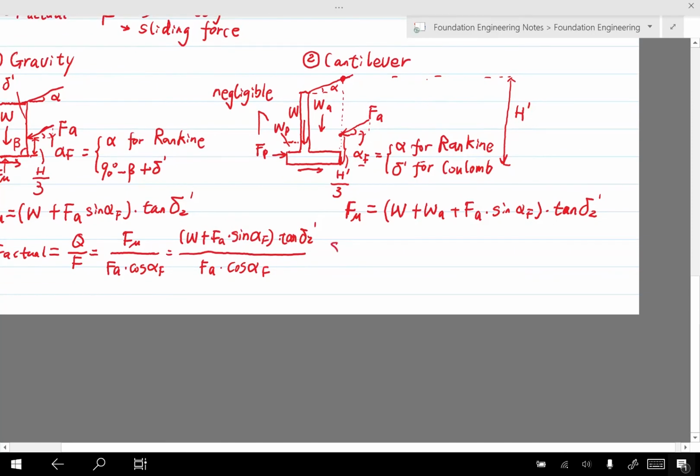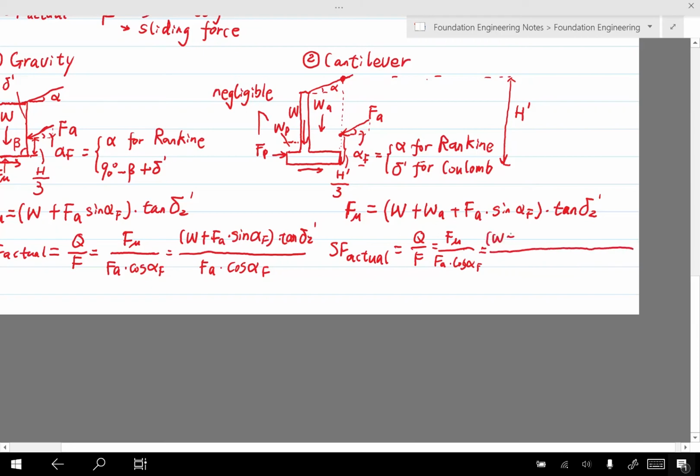So for the actual safety factor, it's also Q over F. F mu over FA times cosine alpha F. And we plug in the equation for F mu.